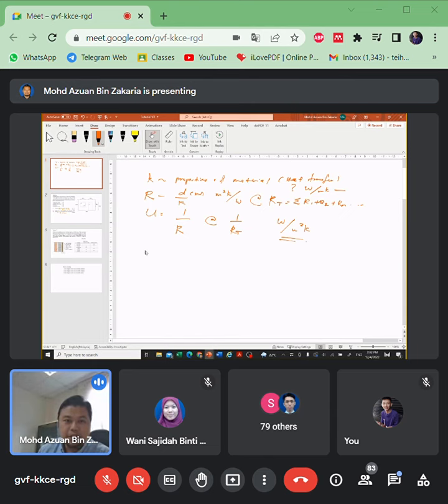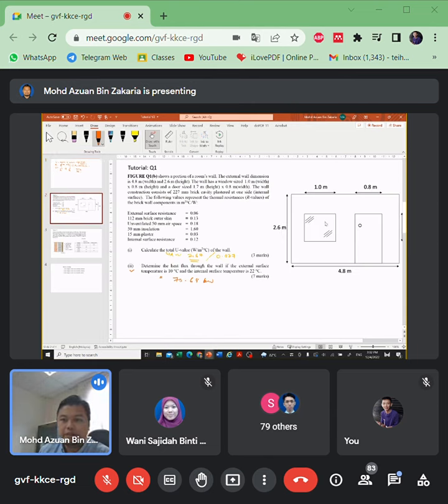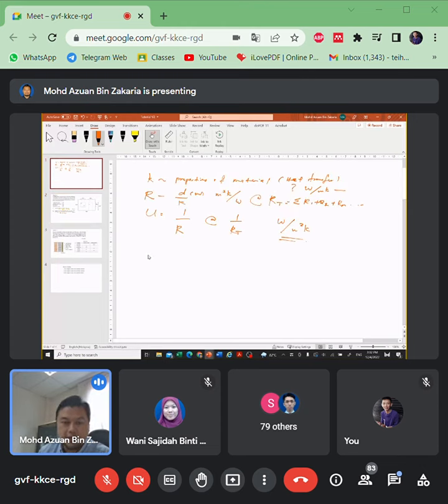And then if we have multiple materials in one surface, we can calculate the average U value, where we find the area of material 1 times the U value of material 1, plus the area of another material times its U value, divided by the total area.